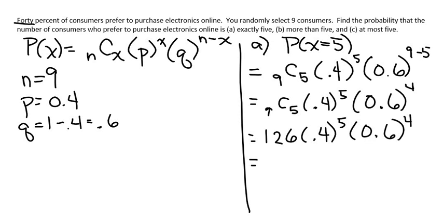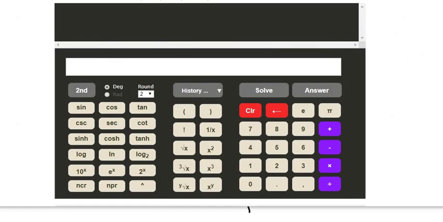And now I'm going to plug this all into my calculator as one expression, and I'm going to get the probability. Let me show you how you can do that. Okay, here's my online calculator. So I have 126 times 0.4 to the 5th power times 0.6 to the 4th power.